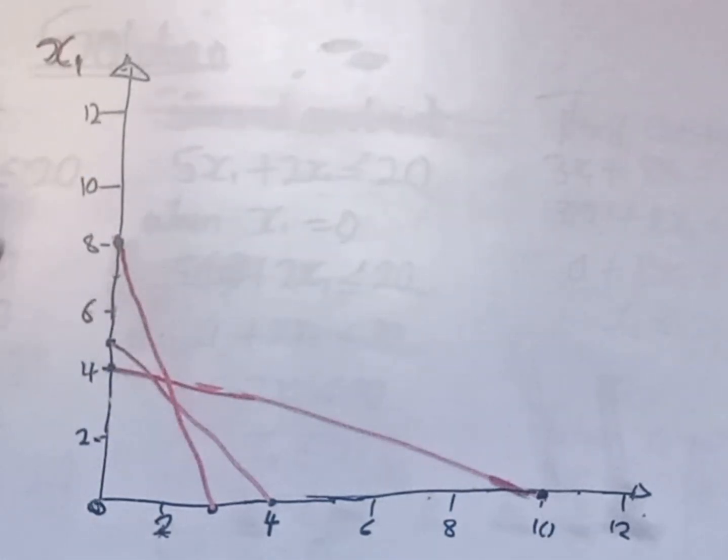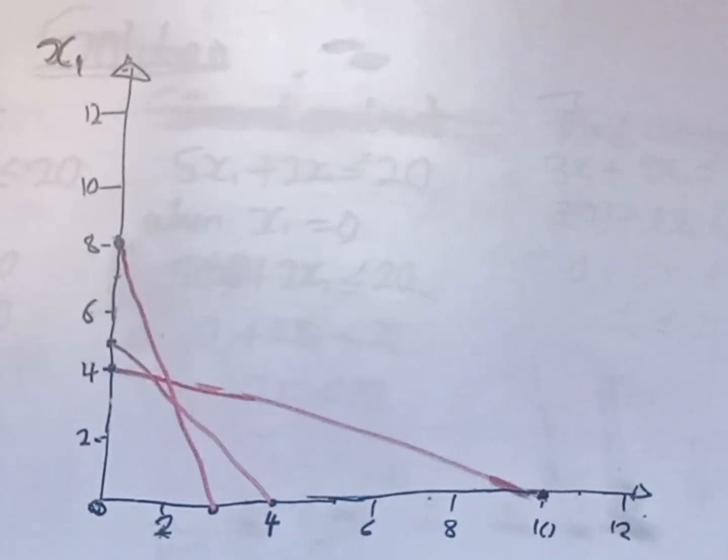Now, the next thing to do, I want you to pay attention very well. If you look at this graph, there are some intersections in this graph, and that's what I'm going to be locating right now. Because if you look at the constraints, you will realize that the inequality sign is less than or equal to, so definitely our value will move towards the origin.